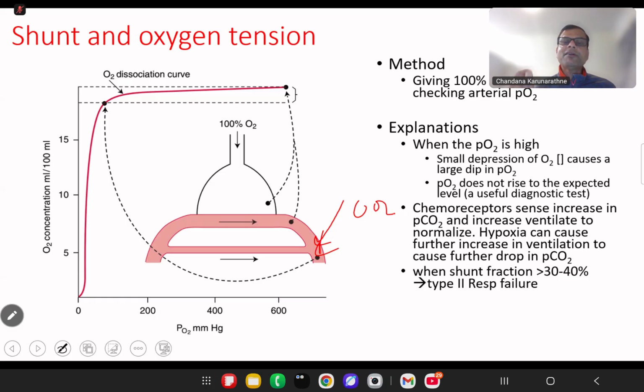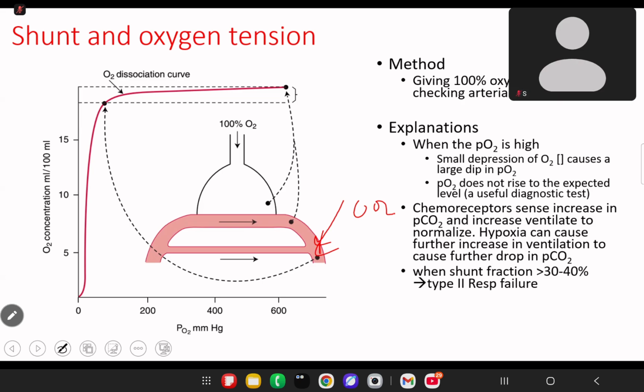So when the carbon dioxide goes up, the body can hyperventilate to get rid of it and keep your arterial carbon dioxide normal. How many times more soluble than oxygen is carbon dioxide? Anyone? 16? 50 times? 16?